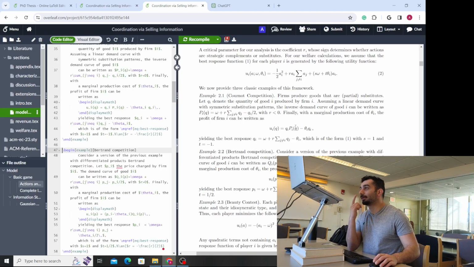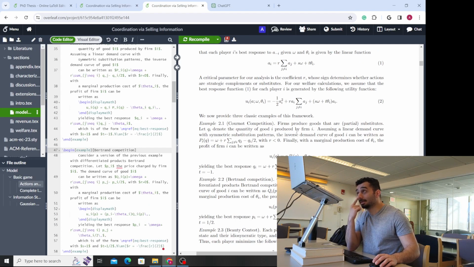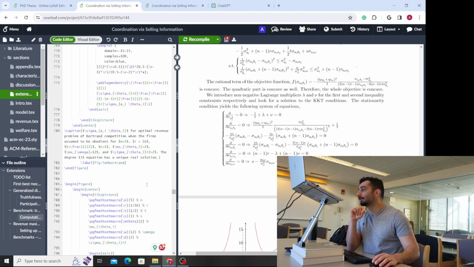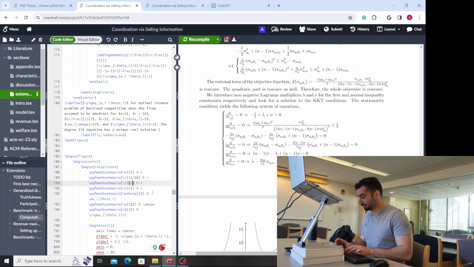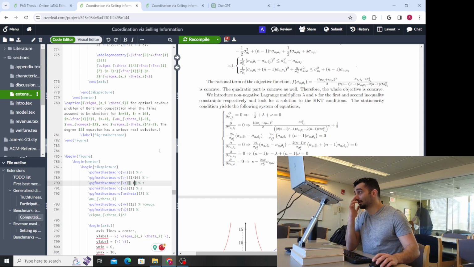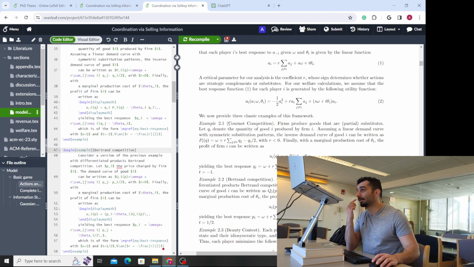let's go look at our Cournot example. S is 1, T is minus 1. And R, what about R?